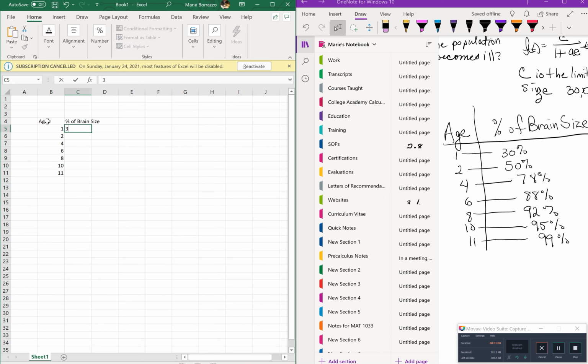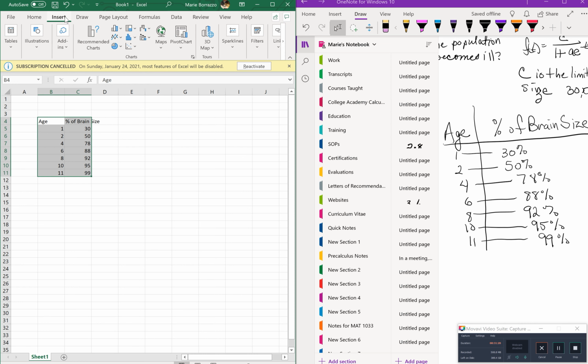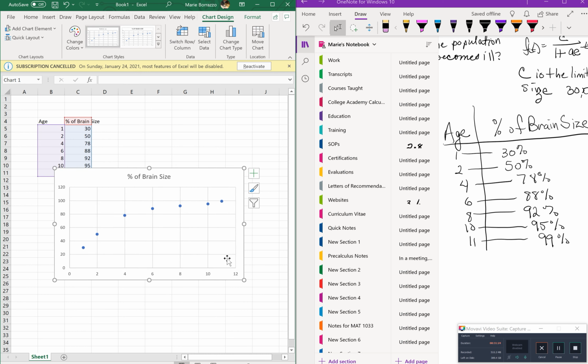And then here we have 30, 50, 78, 88, 92, 95, and 99. Okay. So I'm going to grab this information and go to Insert, Scatter Plot. Yeah, it looks good enough.